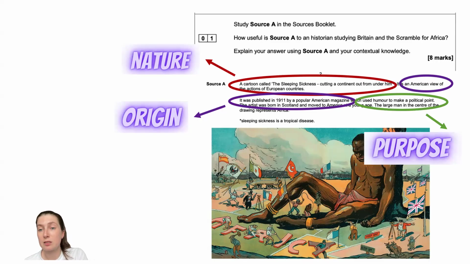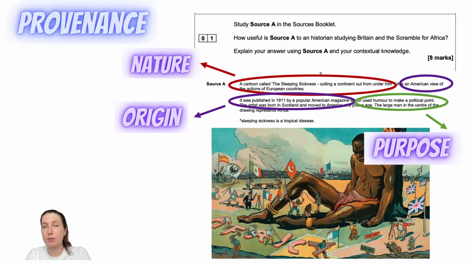It's supposed to be funny. So in this case, this is an American magazine which used humor to make a political point. So they're doing both things. They're making a political point, probably about the scramble for Africa, maybe about empire, and they're also trying to add some humor to it.